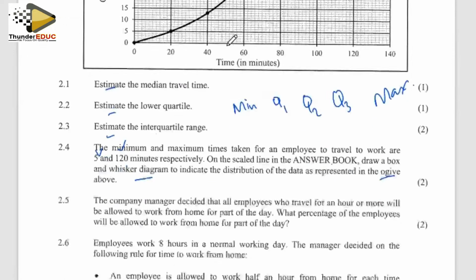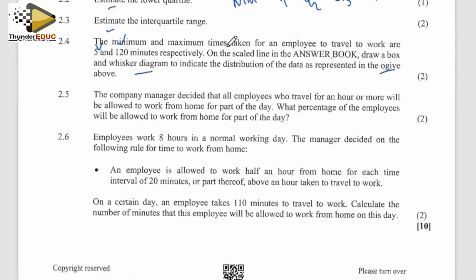Okay, so then 2.5, they're telling us that the company manager decided that all employees who travel for an hour or more will be allowed to work from home for part of the day. What percentage of employees will be allowed to work from home for part of the day? Okay, so when they talk about an hour, that's basically 60 minutes.